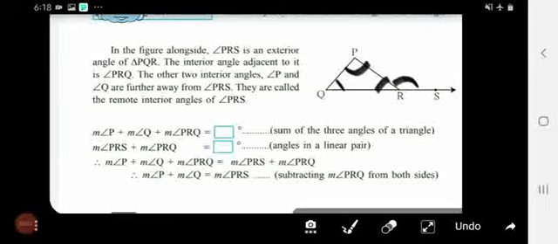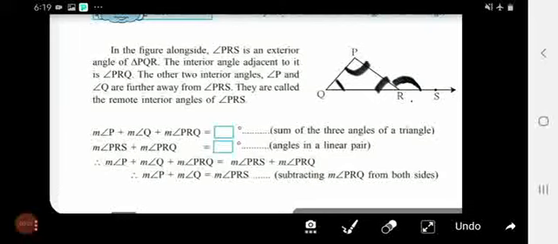Remote interior angle means: this is the exterior angle, so the angles of the triangle which are away from this exterior angle are said to be remote interior angles. So which are away from this exterior angle out of P, Q, R?